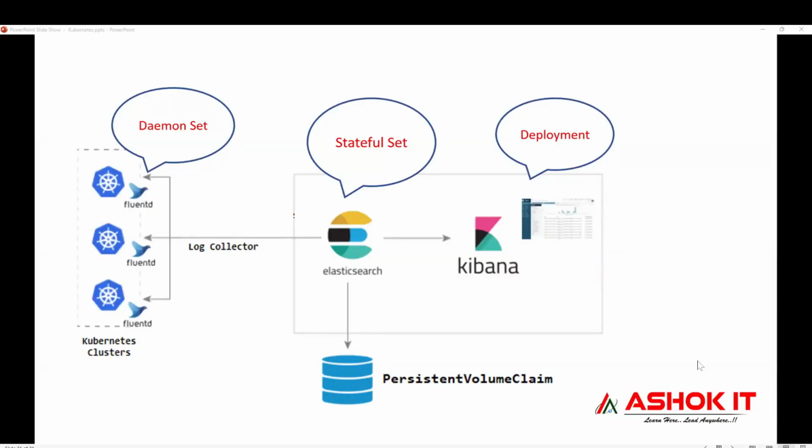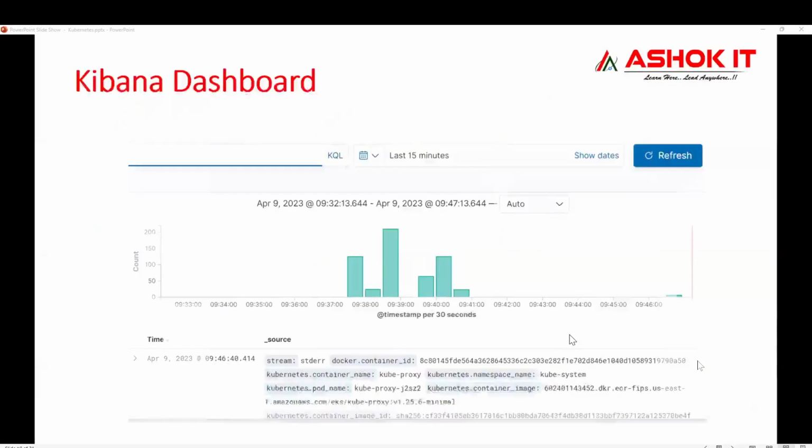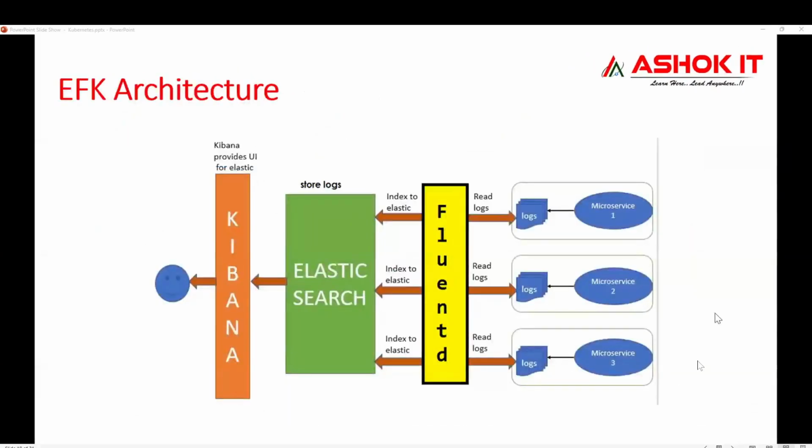That means we are going to do log monitoring using this EFK stack. When we deploy our application in the cluster, we need to check the logs of the application. Our application will be running in multiple pods. Checking each and every pod's log is very difficult.